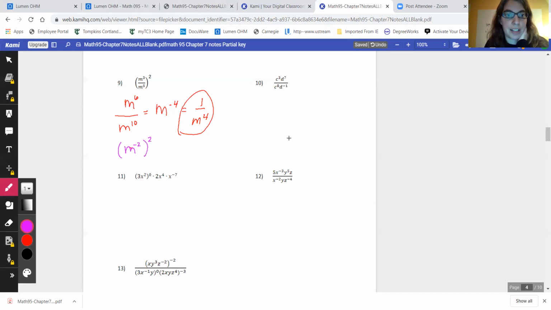This is still raised to the 2nd power. So in this purple case, I did what's in here first. In the red case, I dealt with that outside exponent first. So I have m to the -4th, and then again, 1 over m to the 4th. So often you can do things in more than one order with these, as long as you're following one of those rules.